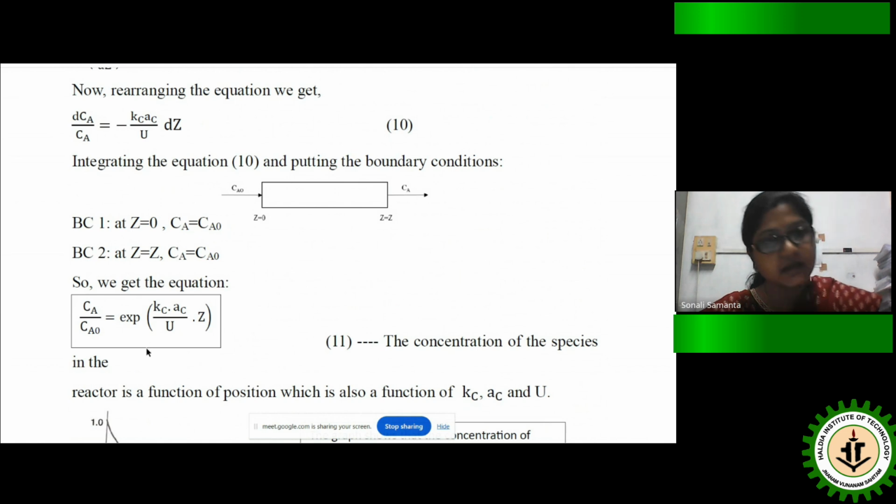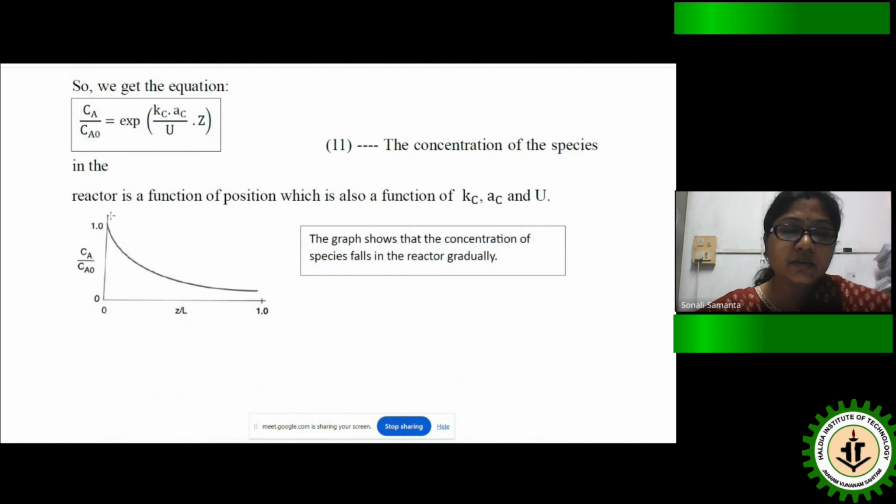Here you can see the concentration profile is a function of Kc, ac, U and Z. Z is the length of the packed reactor, ac is the external surface area of particles per unit volume of the reactor, Kc is the mass transfer coefficient, U is the superficial velocity, CA naught is the initial concentration, and CA is the concentration at any point.